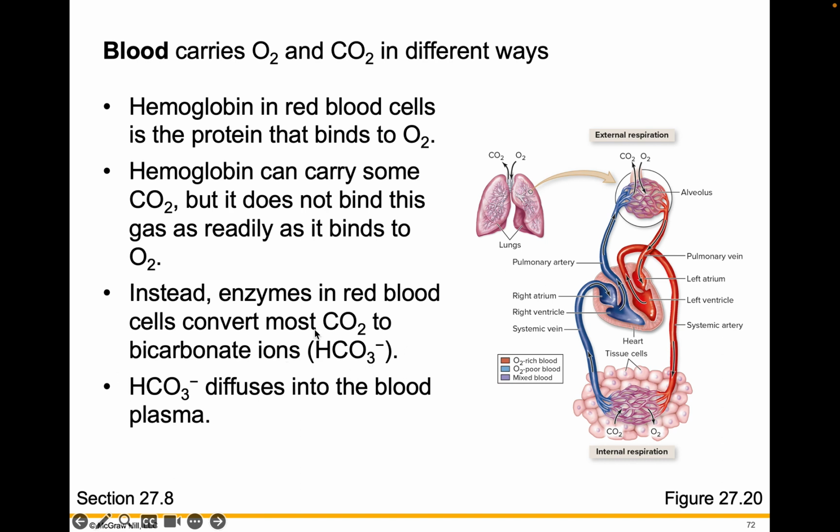This is the same ion that's present in carbonated pop. All right, so that HCO3- diffuses into the blood plasma. Good. So oxygen is carried on hemoglobin, but CO2 gets converted to this bicarbonate and it gets carried in the blood plasma.